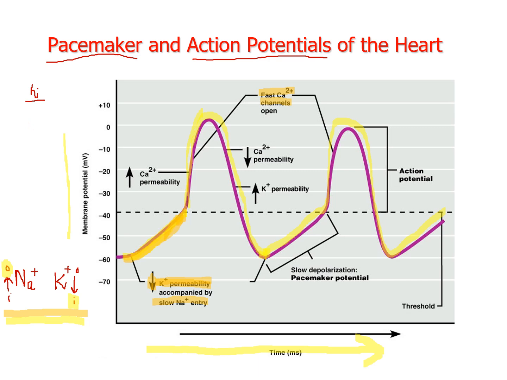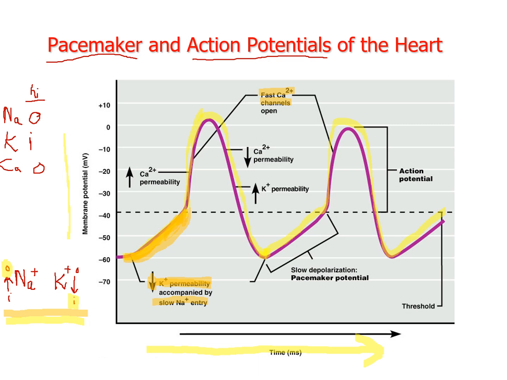So, sodium is higher outside. Potassium is higher inside. And calcium is higher outside. Okay? So if you have slow sodium entries, sodium is leaking in, the membrane potential or the intracellular charge is moving upwards in this direction, more positive.